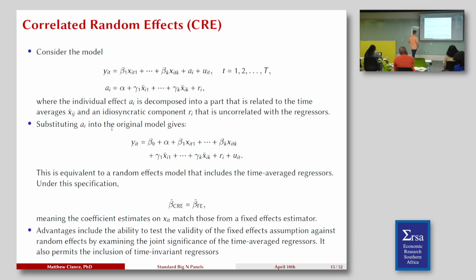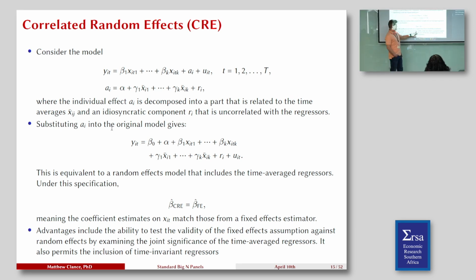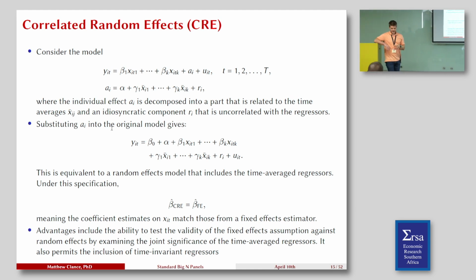Okay? So the advantage of this is we include the ability to test the validity of the fixed effects by doing a joint test on these coefficients that they're all equal to 0. And by doing that, we can basically test that fixed effect assumption. Because if you look at the random effects model, what it's doing is you're trying to estimate some lambda on those particular unobserved effects.